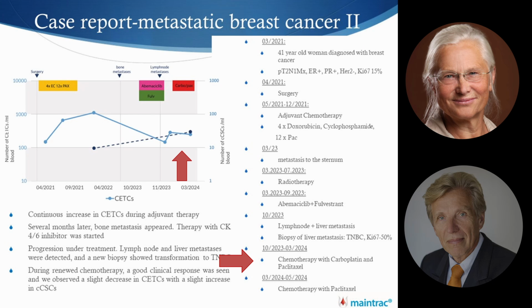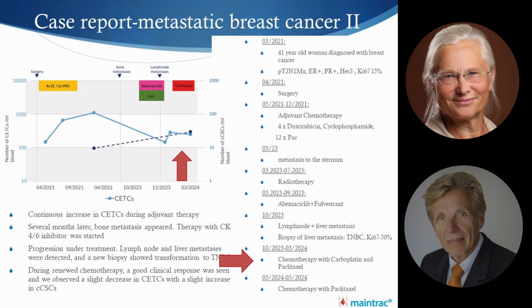She showed a good clinical response, and we observed a decrease in circulating epithelial cells, but she still has quite a lot of circulating stem cells, and therefore we think it's necessary to monitor her closely during her therapy now with paclitaxel.